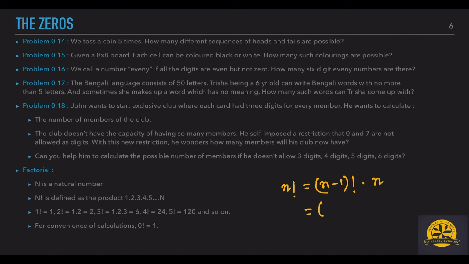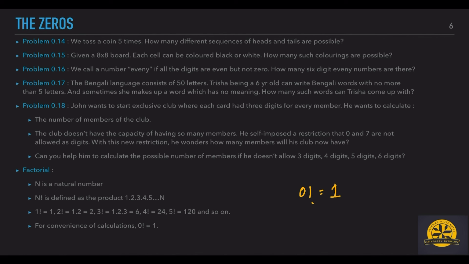Similarly, we can break down the (n minus 1) factorial as (n minus 2) factorial times (n minus 1), and times n. Also, in many cases we would come across 0 factorial. So for convenience of calculations, 0 factorial is regarded as 1. We would take a look at lots of problems involving factorials in the upcoming lectures.